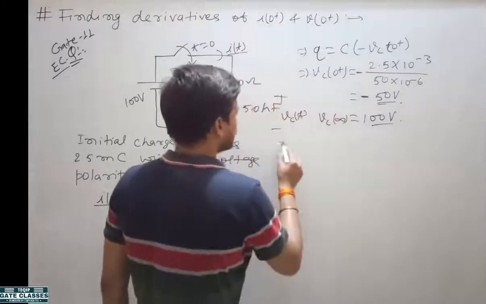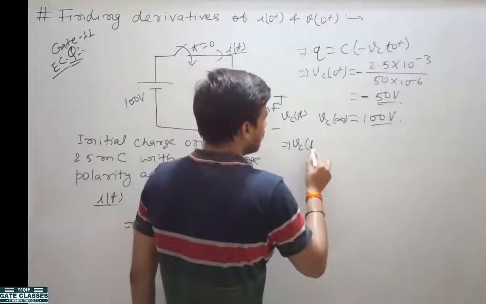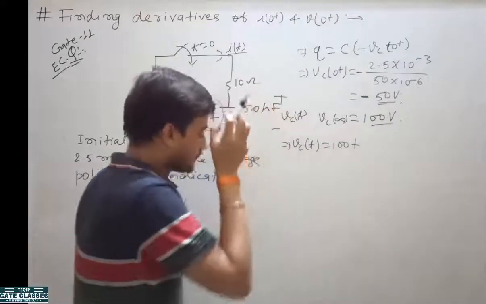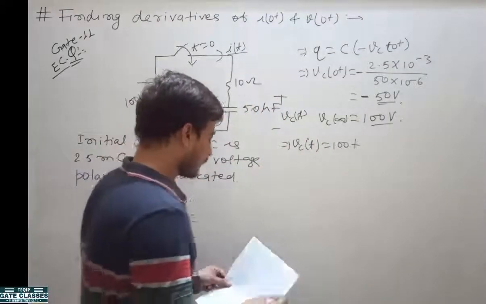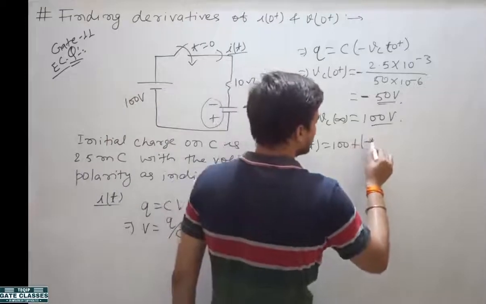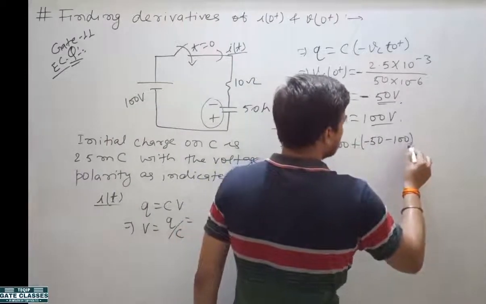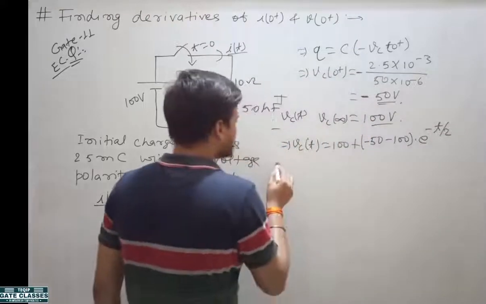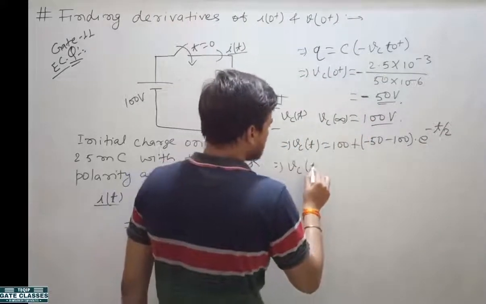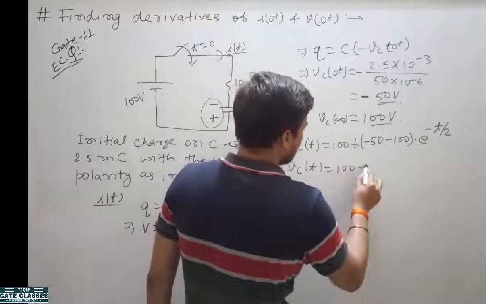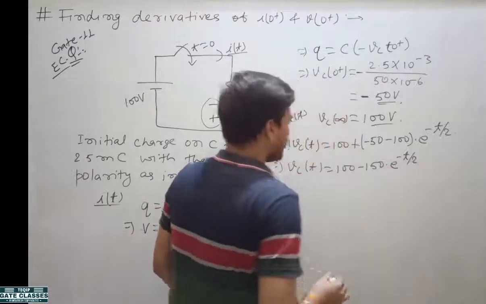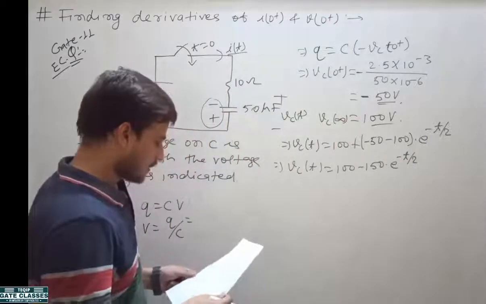So you write Vc(t) equal to V infinity, that is 100, plus V0 minus V infinity, that is minus 50 minus 100, into e to the power minus t by tau. So Vc(t) is equal to 100 minus 150 into e to the power minus t by tau.